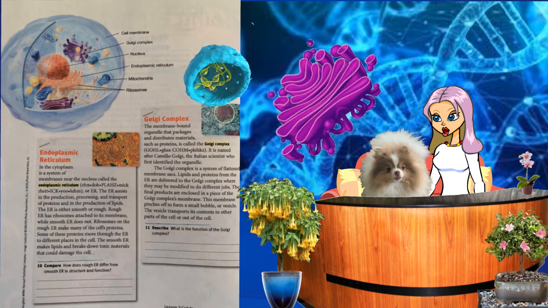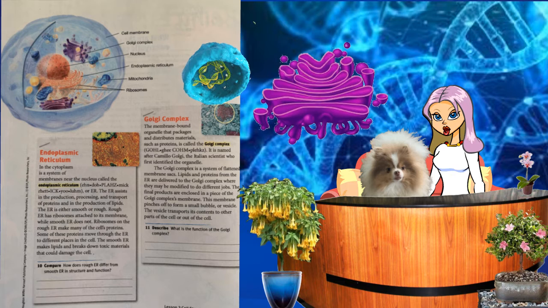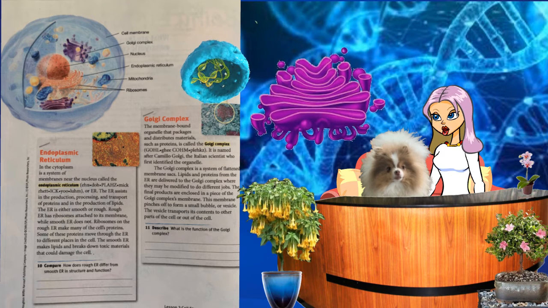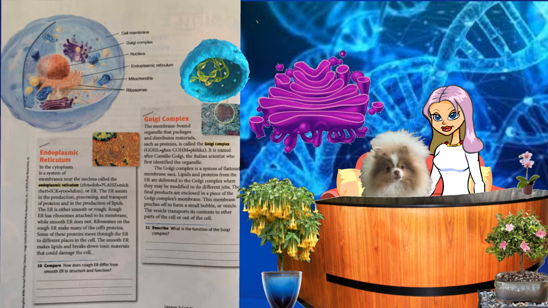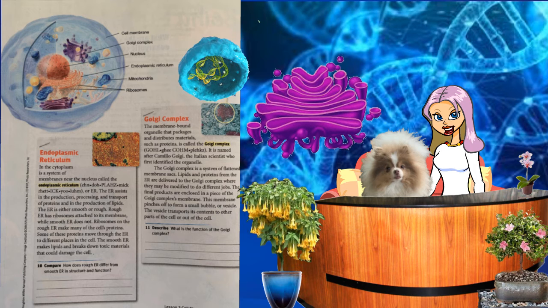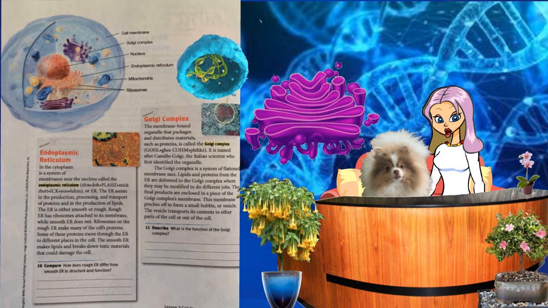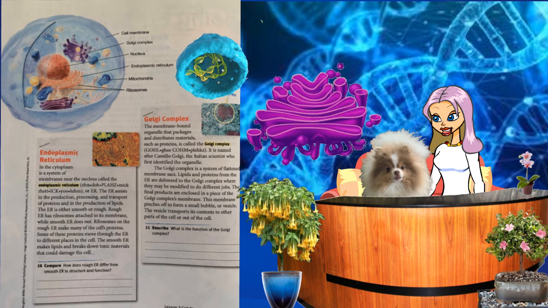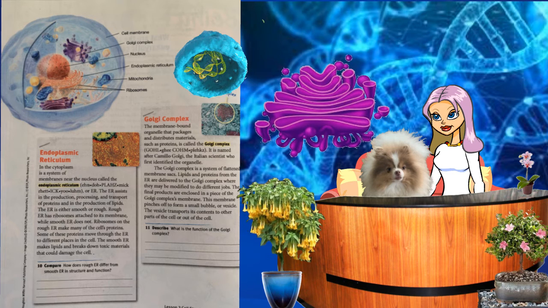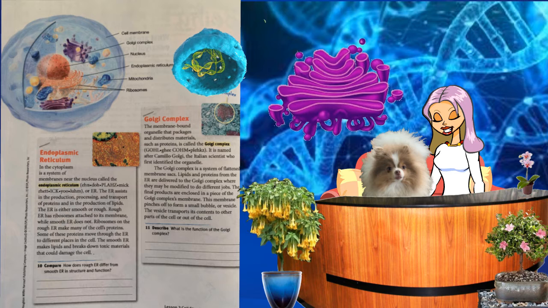After the Golgi complex has worked its magic on the lipids and proteins that were delivered to it, the final products are enclosed in a piece of the Golgi complex's membrane. This membrane pinches off to form a small bubble or vesicle. The vesicle transports its contents to other parts of the cell or out of the cell.